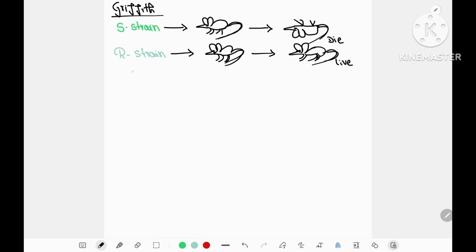But later he made another modification in the experiment. Griffith was able to kill the bacteria by heating. So don't imagine, children, that heating means burning.